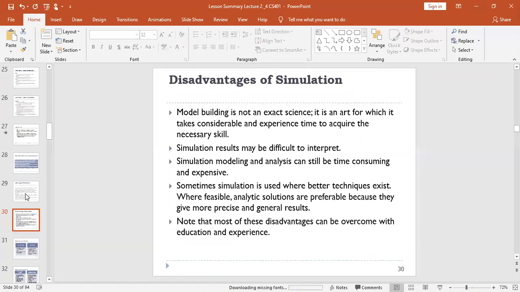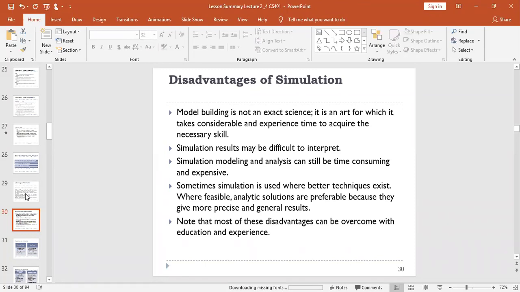But as a starter, you may start on a very small level, and then through experience and effort, you will gather the necessary skills. Simulation results may be difficult to interpret. Some of the simulation results may not come with animations, or even if they come with animations, like the sinusoidal graphs produced by the heartbeat simulators in the hospital.